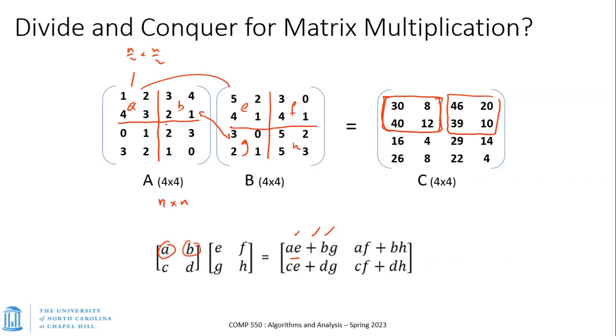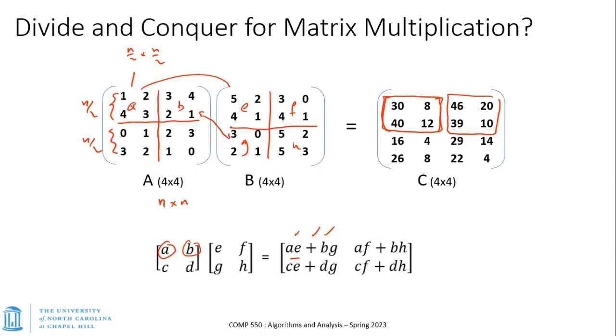If you're using a divide and conquer approach, you're dividing it up into 4 smaller matrices, and each one of them is of side n upon 2. So each one of these smaller matrices is n by 2 times n by 2. Essentially you've divided up the problem into a smaller problem.